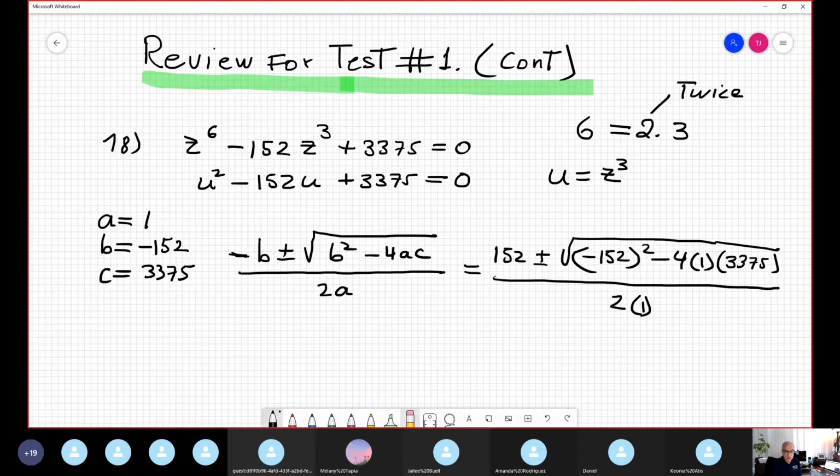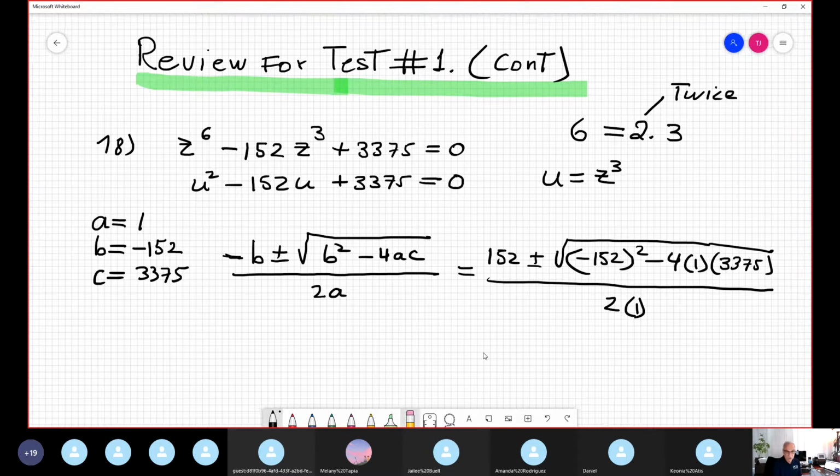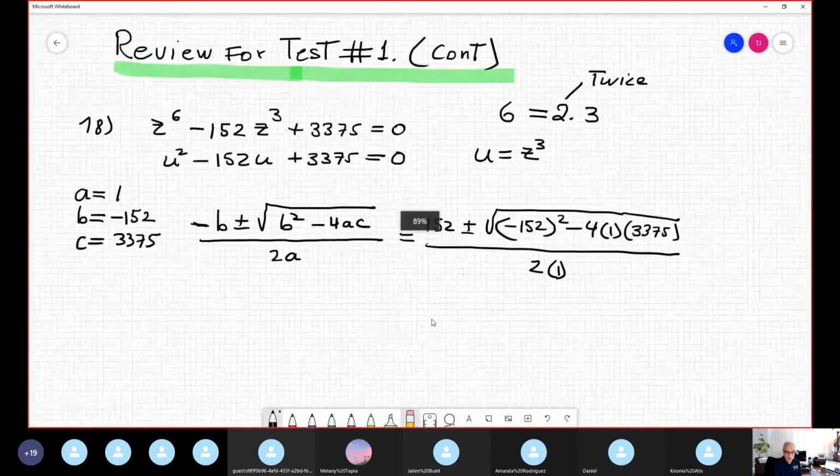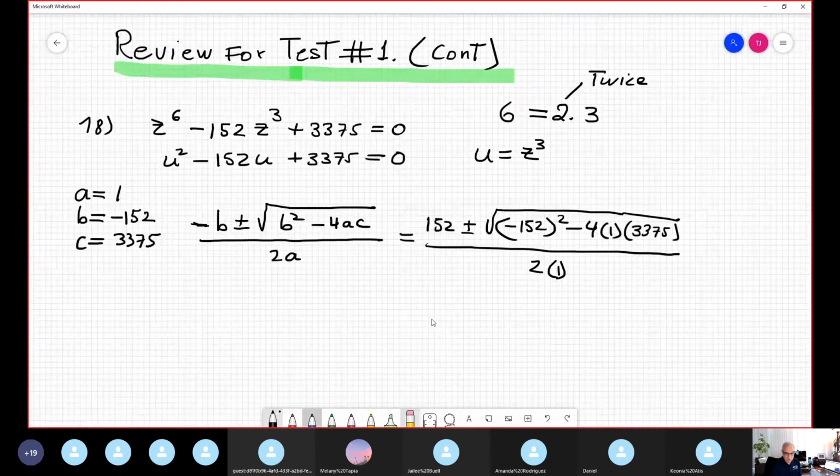Okay, now, as always, we focus on the expression inside the radical. This expression contains 152 squared. I know that any negative number, when you square it, is positive, therefore I put it in the calculator. In my calculator, I intentionally omit the negative.